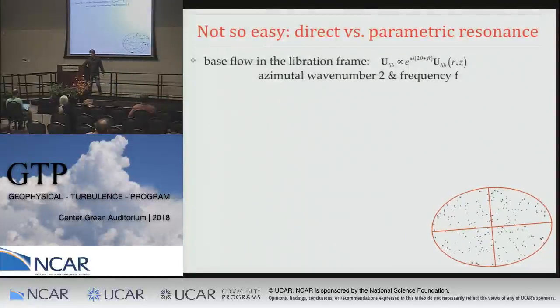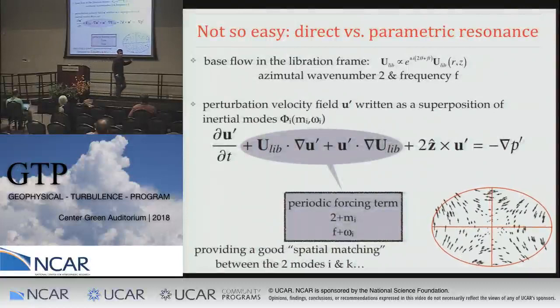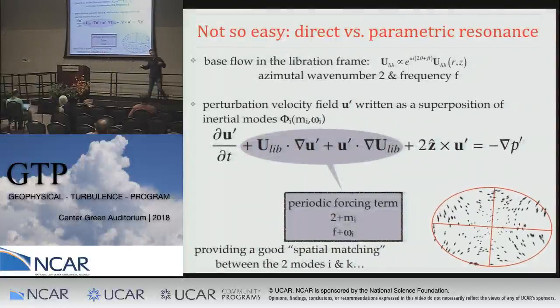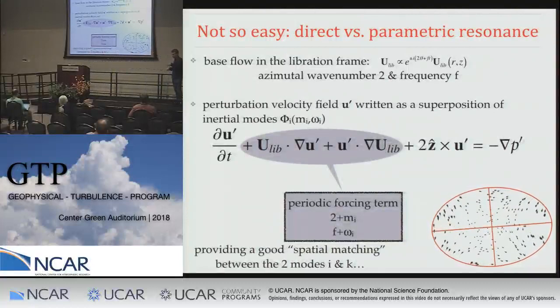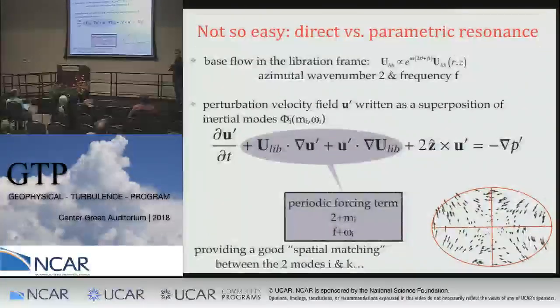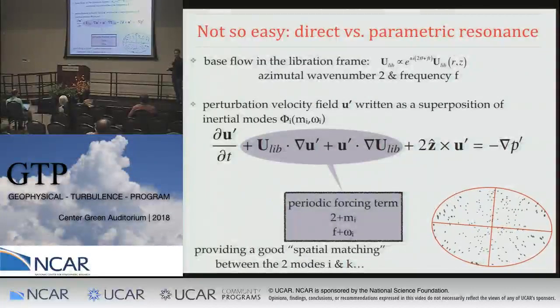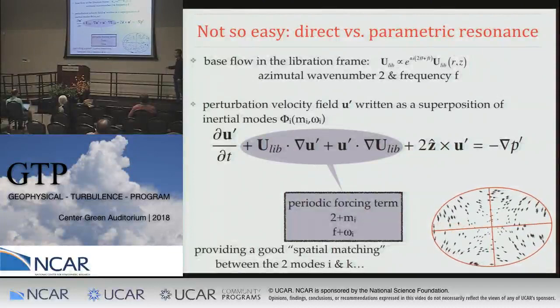Then if you write the Navier-Stokes equation in the rotating frame of reference and you try to find the growing perturbation above the base flow, you write this perturbation as a sum of eigenmodes.